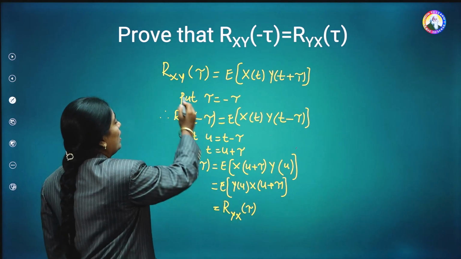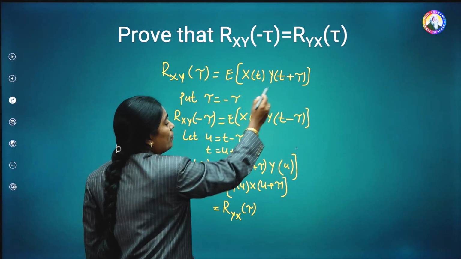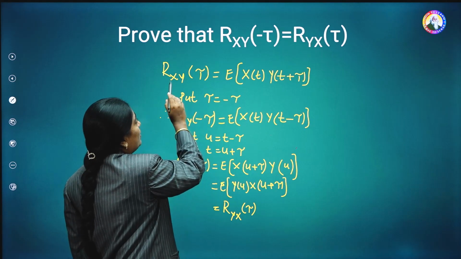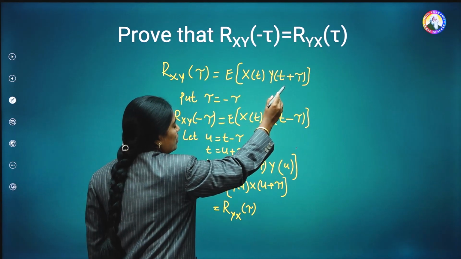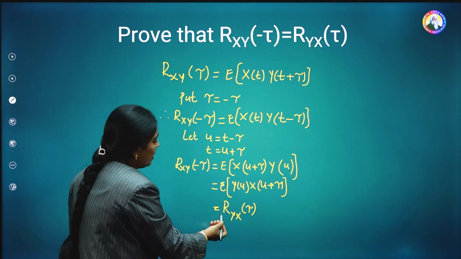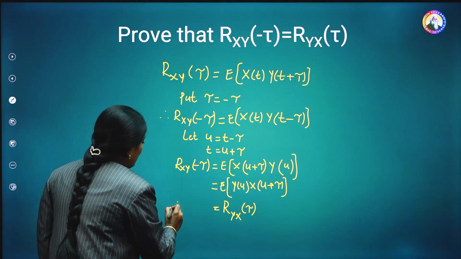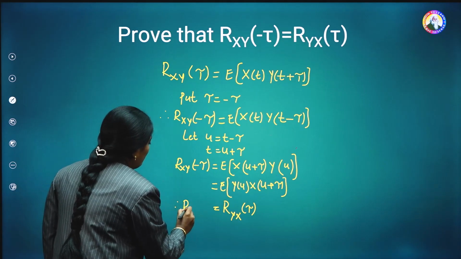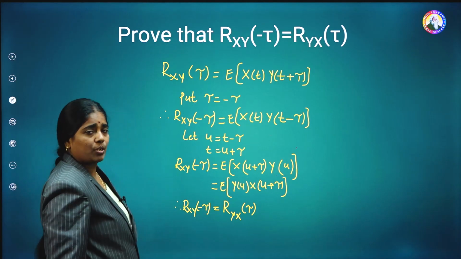Here you can observe that rxy of tau is equal to E of x of t into y of t plus tau. First we have x, next is y. But here y and x are interchanged, that's why it is nothing but ryx of tau. So, therefore, rxy of minus tau is equal to ryx of tau.